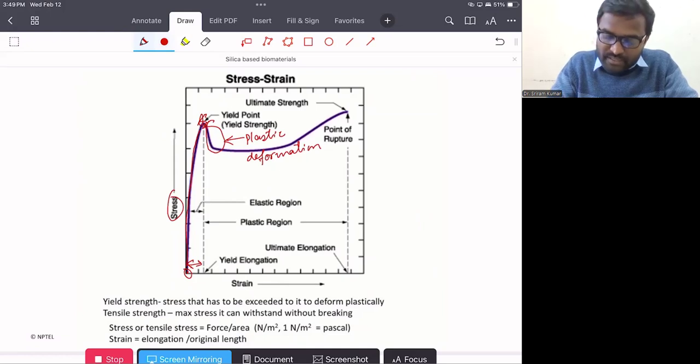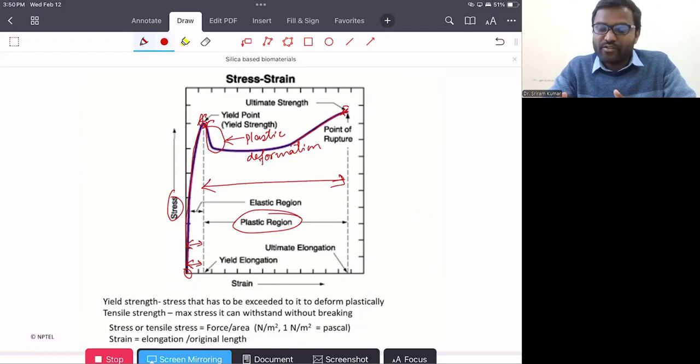If you further increase the stress on the material, up to this point, the material will break down. At a particular point, the difference from here to there is called the plastic region, and this tiny area from here is called the elastic region.